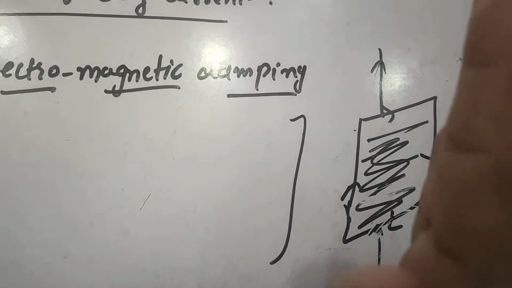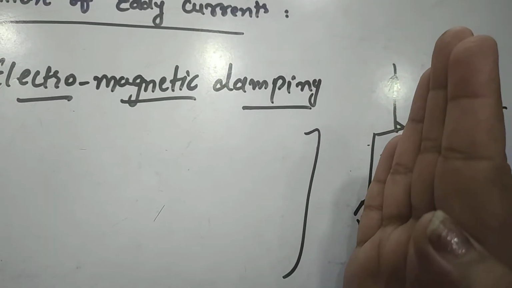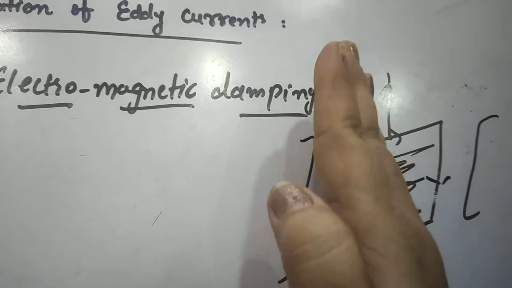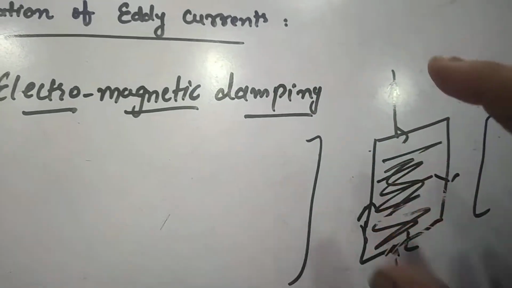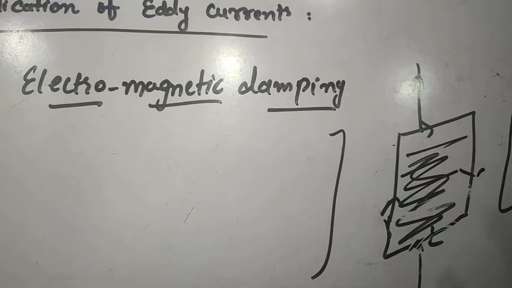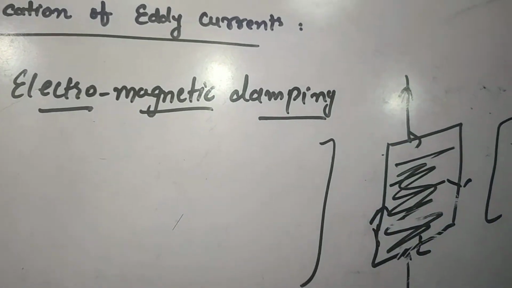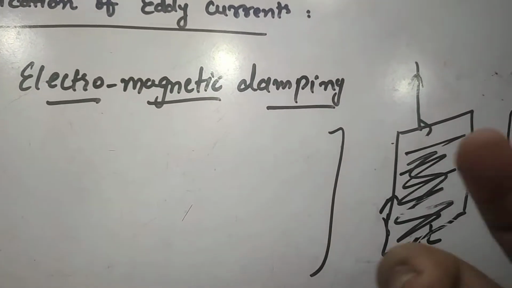When the coil moves to this position, the eddy current produced opposes its motion and tends to bring it back to the equilibrium position instantly. This process is known as electromagnetic damping, and we are able to read the deflection of the needle instantly and have a better reading.